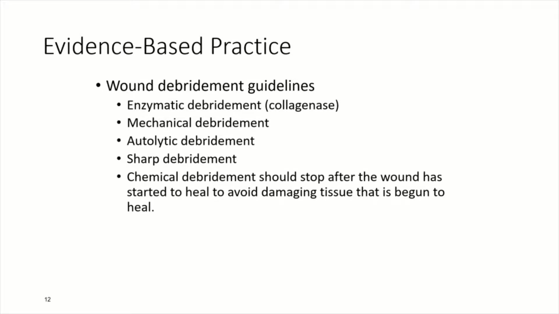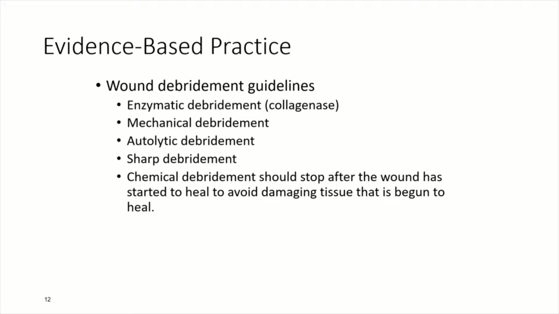Evidence-based practice, wound debridement. Debridement is the removal of non-viable tissue from the wound and is essential so that the wound can heal. Enzymatic debridement is the topical enzyme over the necrotic tissue. Mechanical debridement is like when you do a wet to dry dressing.